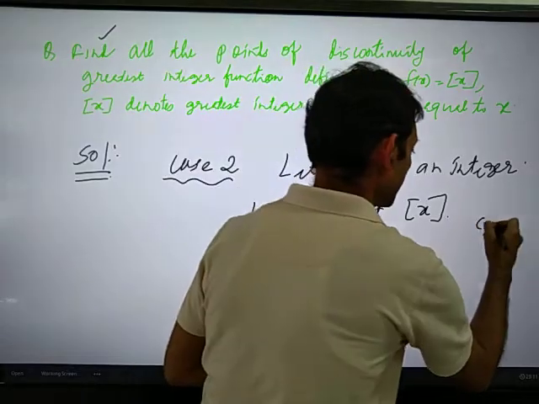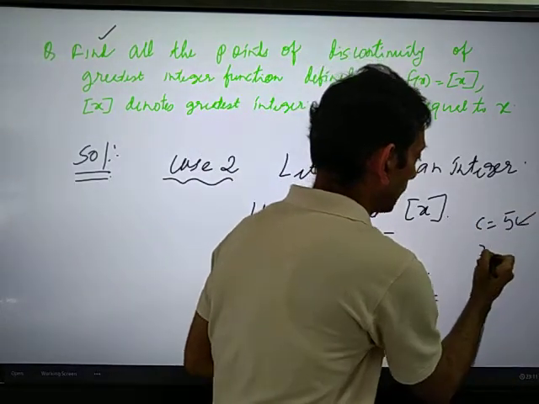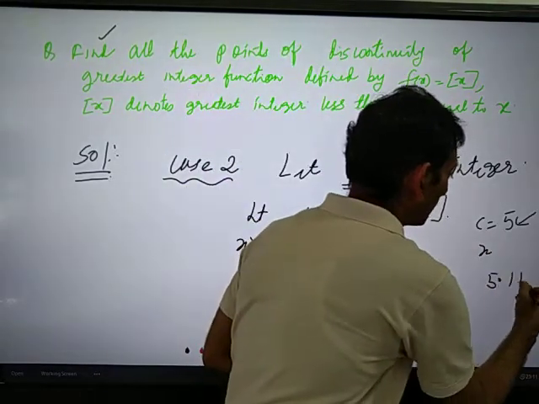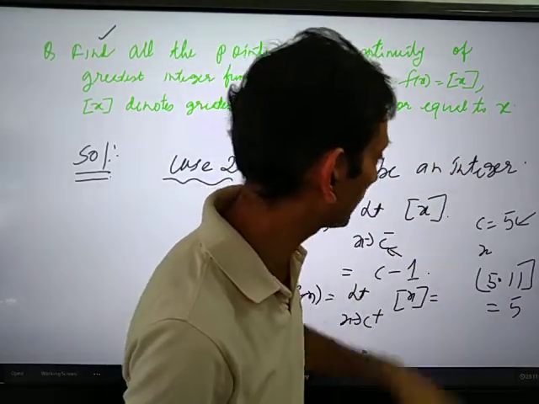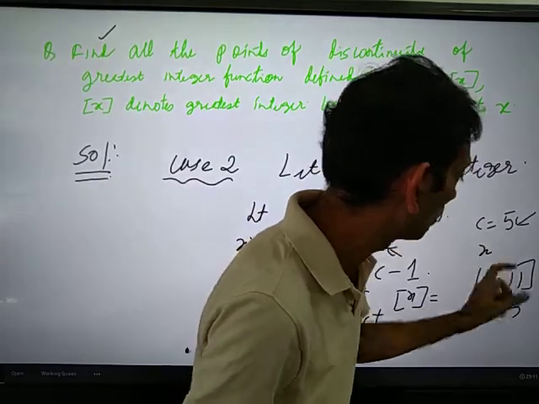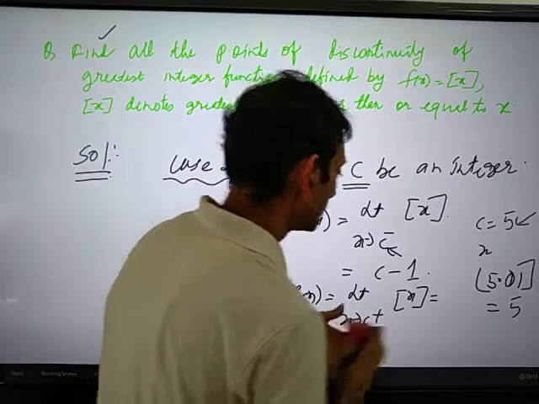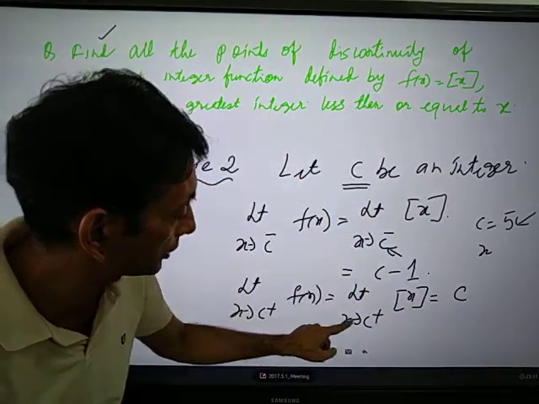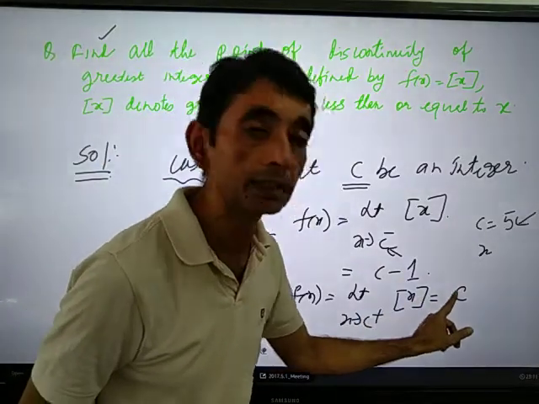Considering c equal to 5, if you approach 5 from the right-hand side, the value of x will be slightly greater than 5, could be 5.11, and that always gives you 5. The greatest integer function of 5.11 or 5.01 also gives you 5. Therefore, this will be equal to c. The limit as x approaches c from the right of the greatest integer function of x will actually be c.